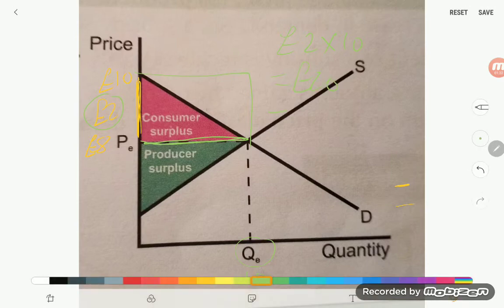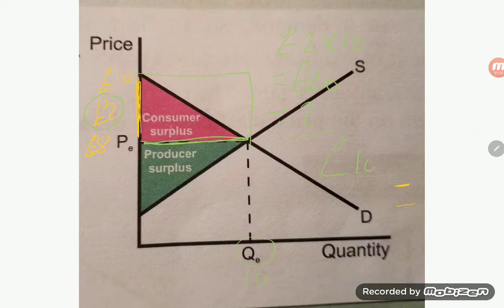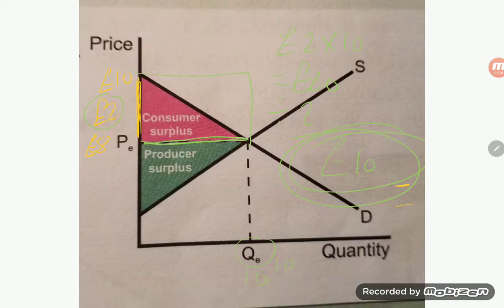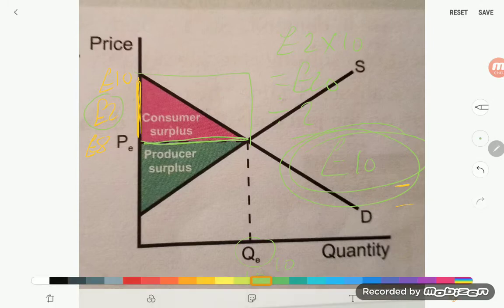We obviously have to find half that area, so we divide it by 2. So the total consumer surplus, the total size of this red triangle, is £10. So repeat, there's 10 here, there's 2 here, that area is worth 20, we divide it by 2 and we get a £10 consumer surplus.